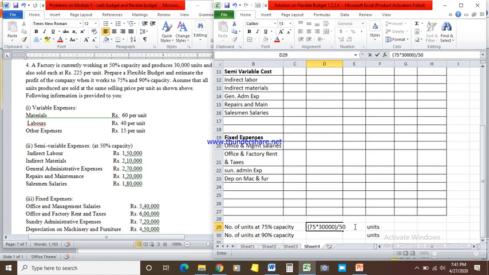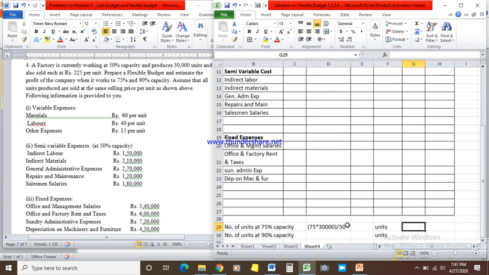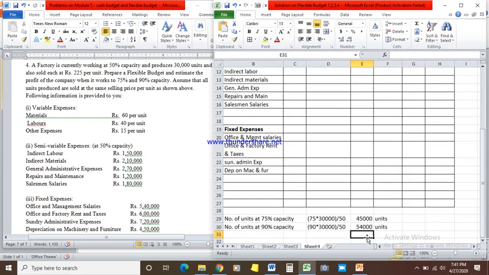At 75%, how much is it? So if we do the calculation, I'll just copy this part, put the formula, and paste it. So we get 45,000. Similarly, at 90% capacity, 90 into 30,000 divided by 50, you get 54,000.